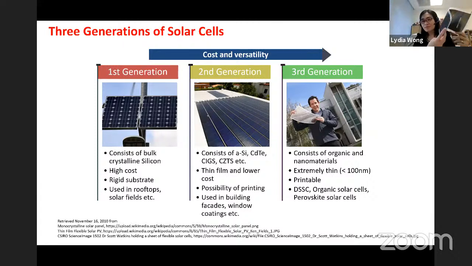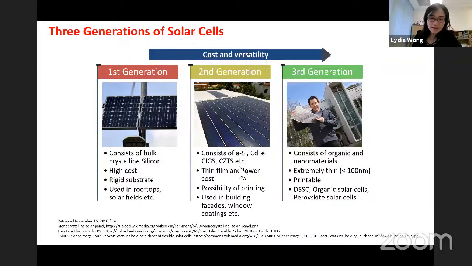So imagine you can just stick this to your window or to the side wall of buildings. You can also bring this to outer space. If you carry silicon, you need to build your spaceship with a strong enough structure to carry silicon solar panels. But with this, you don't need a very strong support.